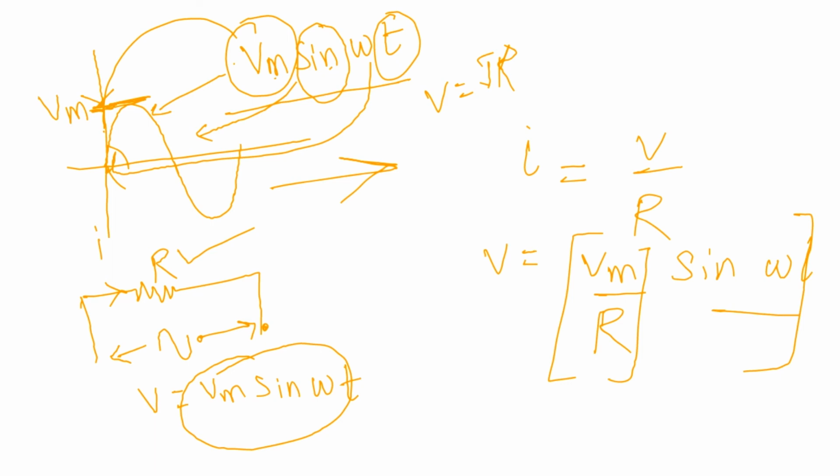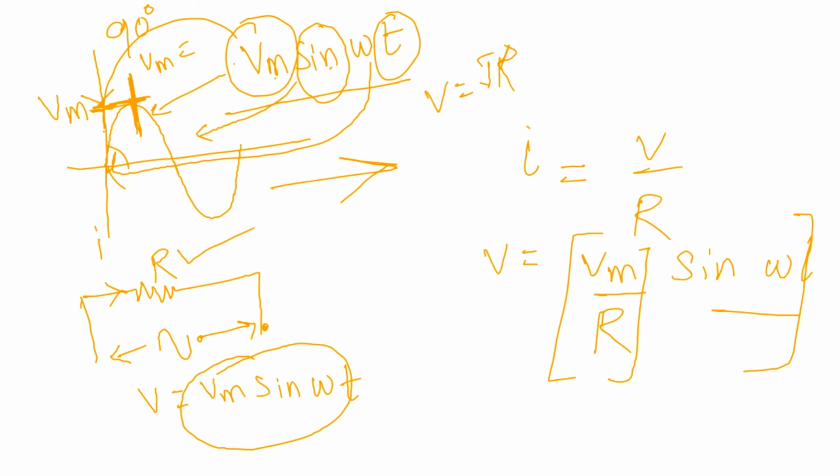Okay, so current at maximum amplitude. What is the value of sine omega t at the maximum amplitude? We take omega t as 90 degree. Sine 90 is equal to 1.